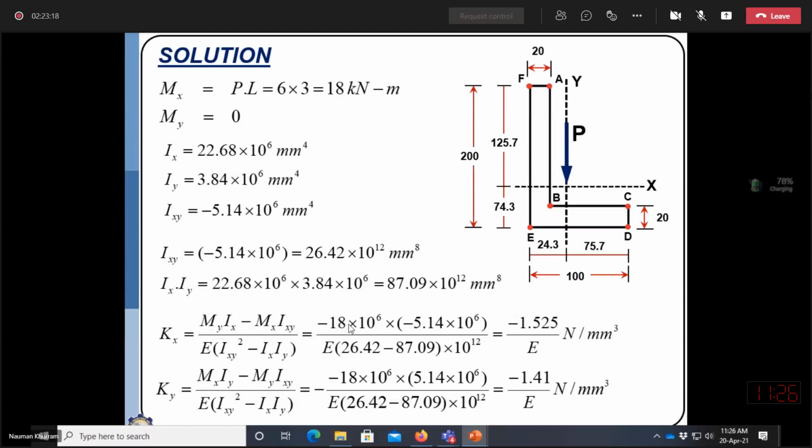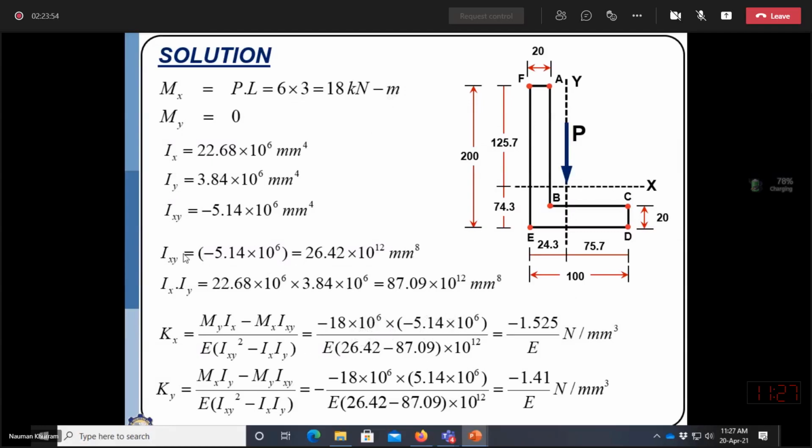Then minus 18 × 10^6, the moment about x-axis, which is given in kilonewton meter, so we need to convert this into Newton and millimeter. It will be multiplied by 1000 to convert kilonewton to Newton, and then 1000 to convert meter to millimeter, so we have a resultant factor of 10^6.